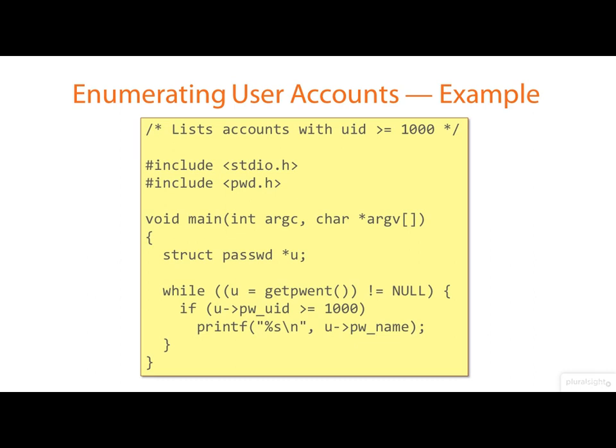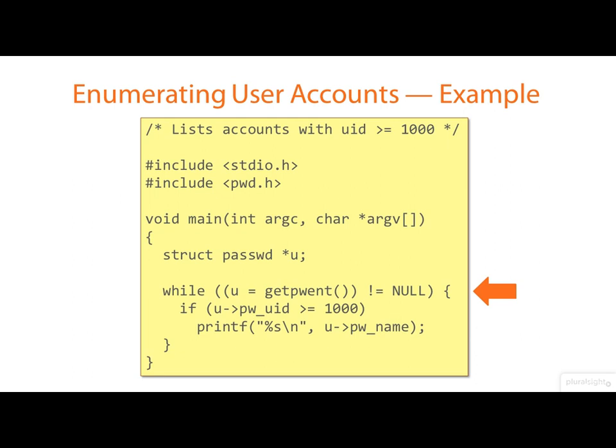What it does is it lists those accounts which have a user ID greater than or equal to 1,000. Now the exciting line here is this one I've highlighted. This is one of those classic perform, assign and test idioms that are so popular in C. Here we're calling getpwent in a loop.